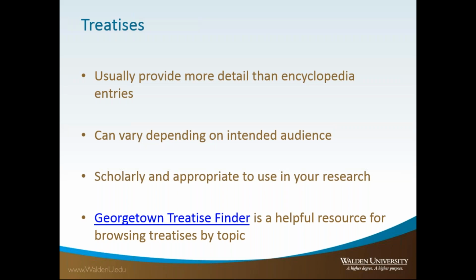So they will typically provide more information than a legal encyclopedia entry, such as they might summarize the landmark cases in that particular area and link to other helpful information. So some examples of treatises you might come across are real estate law in New York State or drug policy in the United States. They tend to have fairly broad titles like that.